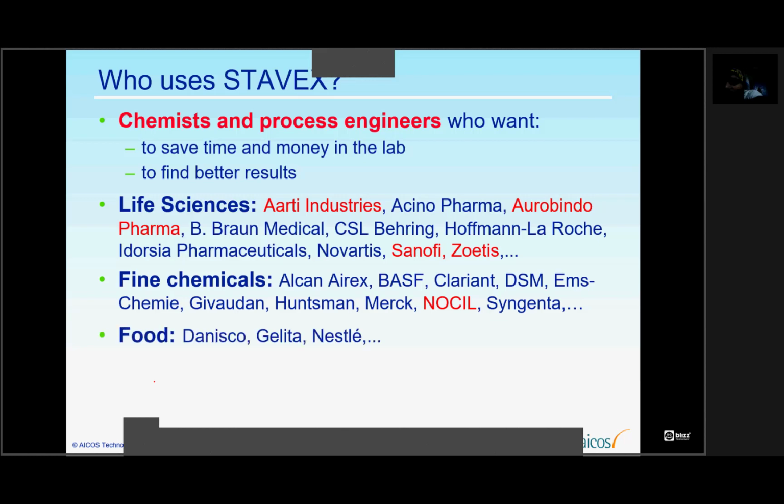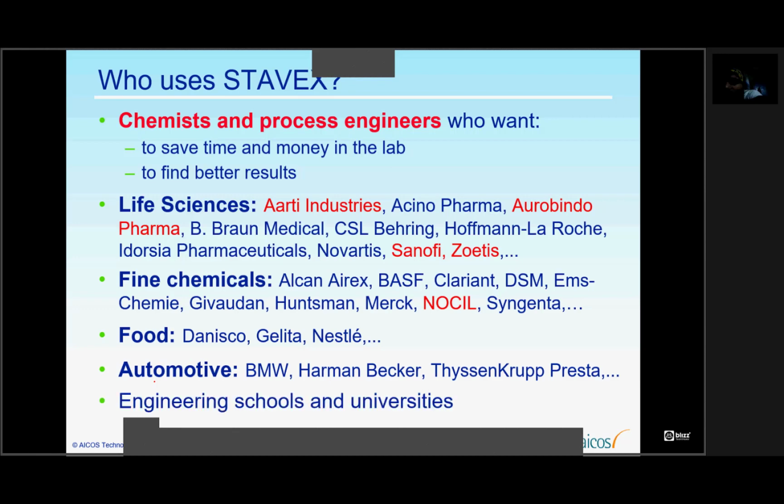And finally, in other areas, we have smaller lists of users in the food industry and also in automotive. And of course, engineering schools and universities use that both for teaching and also for research as well.